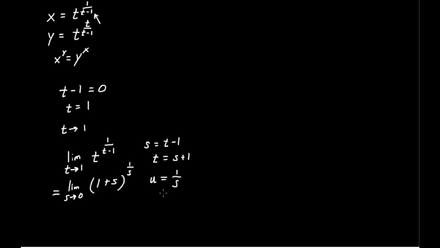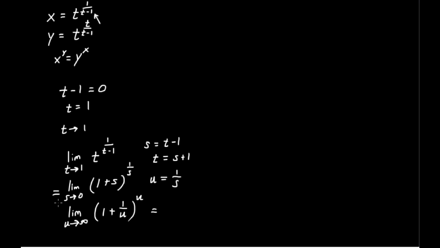Now if s goes towards 0, that means that u must blow up to infinity. So now the limit goes, as u goes to infinity, of 1 plus, now s is going to be equal to 1 over u. And then I have that 1 over s there, and that's equal to u.